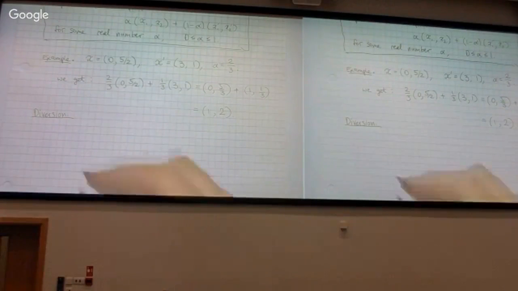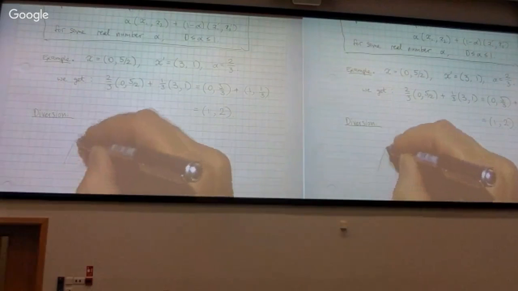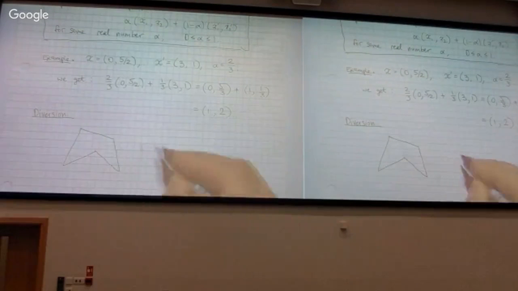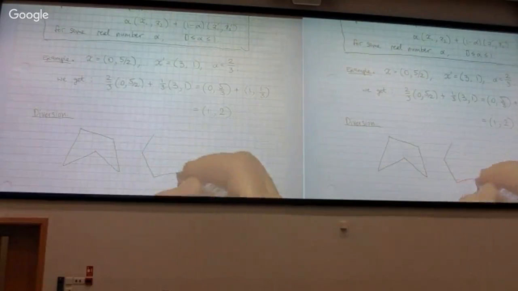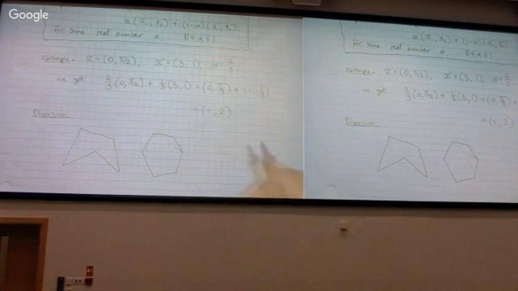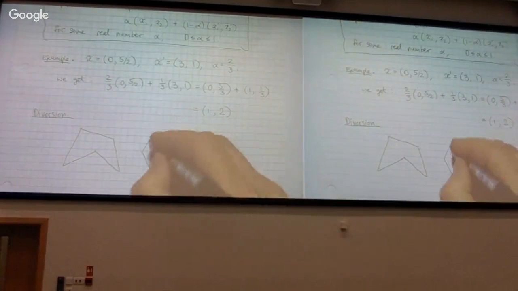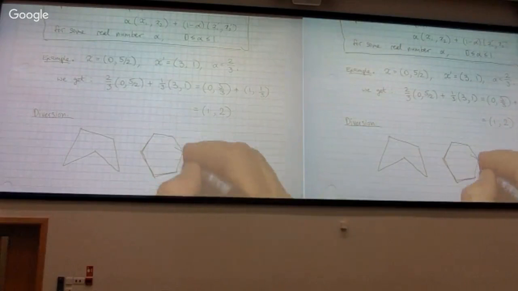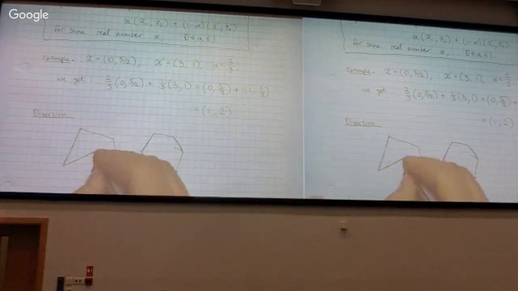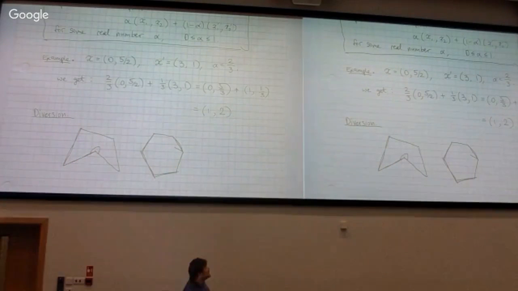Okay, so there's a difference between these two polygons. This one has an angle which is larger than 180 degrees.